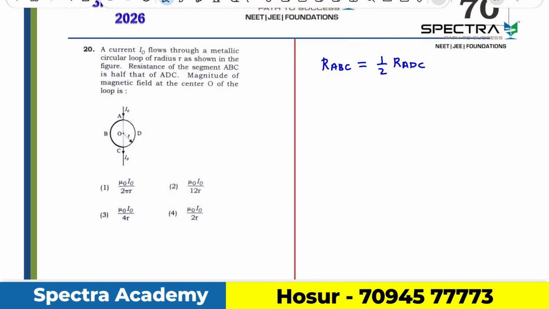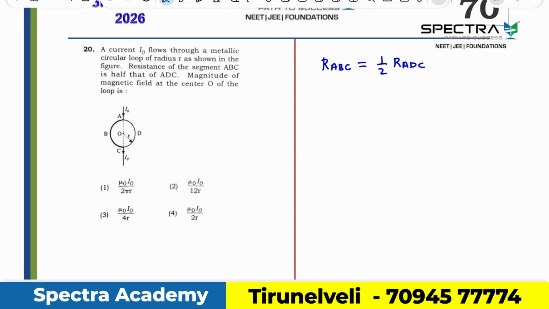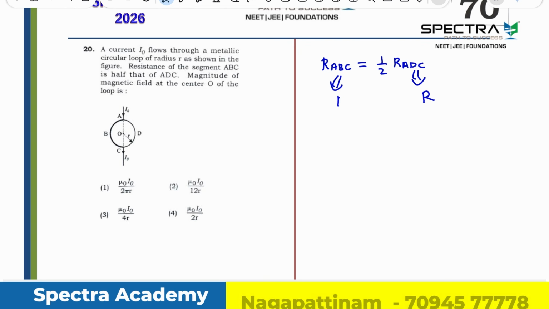So the magnitude of magnetic field at the center of the loop is what I am asked to find. Suppose I take the resistance of ADC as R, then ABC will be equal to R by 2.